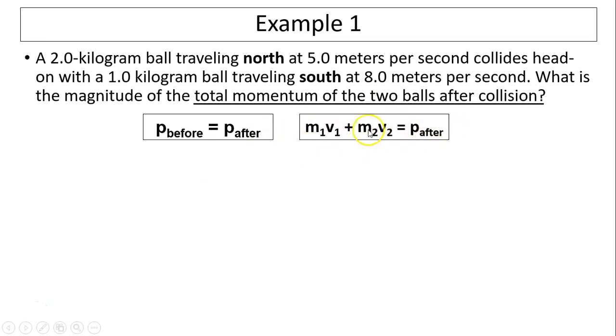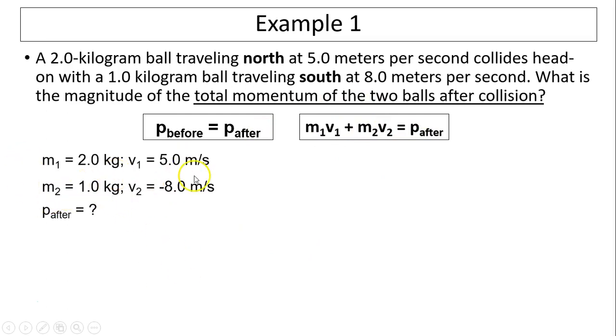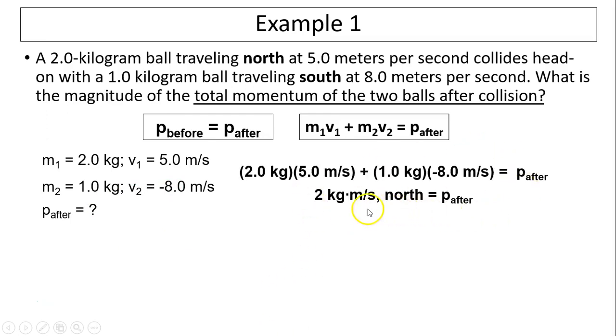That is P before, and that equals P after. So let's write down what we know: m1, v1, m2, v2, north is positive, south is negative. What is P after? Simply plug all the numbers in, and that's what you'll have for P after. Make sure, again, momentum is a vector quantity. It has magnitude and a direction.